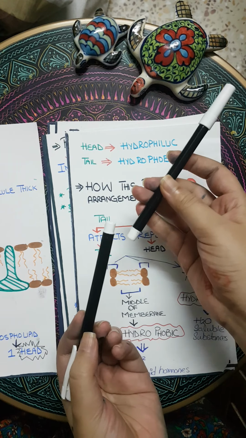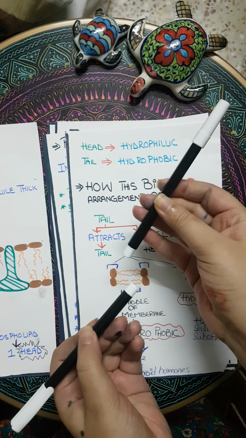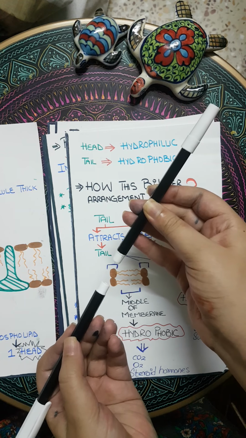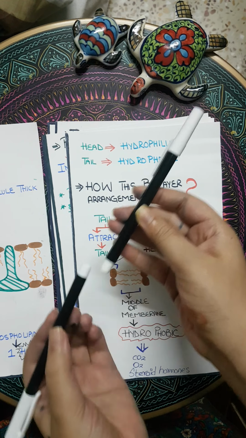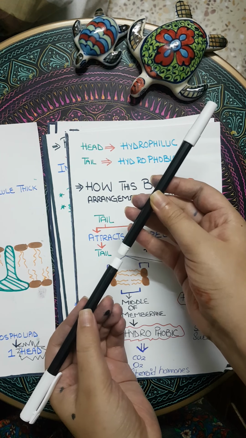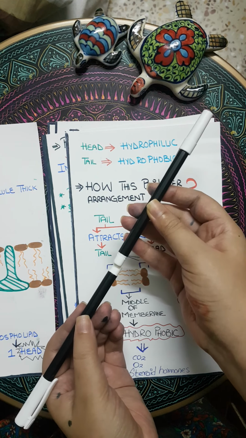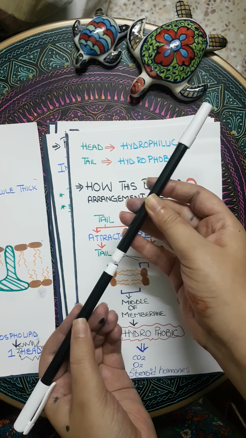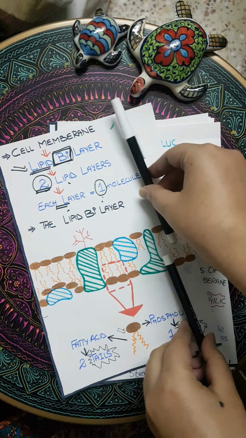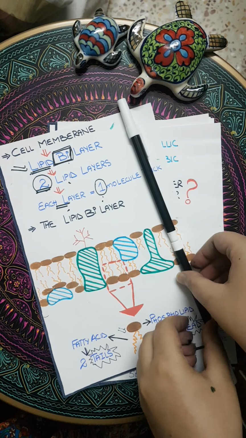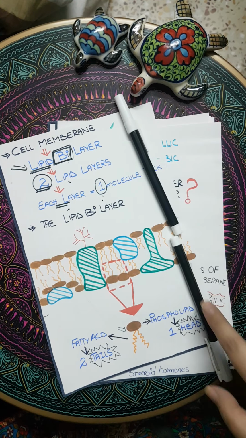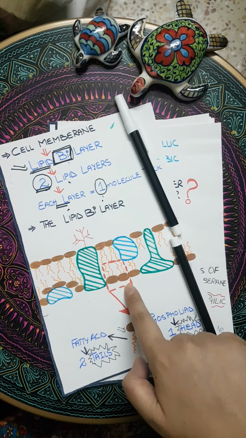So this tail part of one molecule, because of being similar in nature, is attracted towards the tail part of the other phospholipid molecule, and because of this mutual attraction between these tails of the two phospholipid molecules, we get this kind of arrangement in which the tails are in the middle and the head parts are on the sides of the membrane.